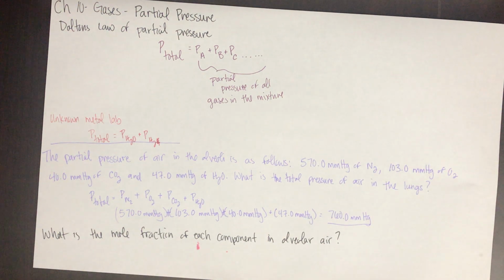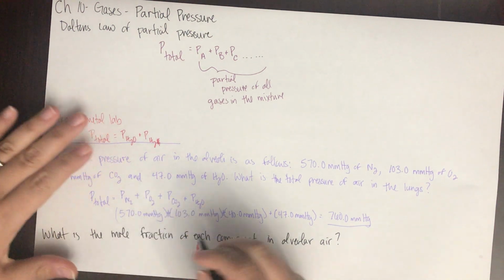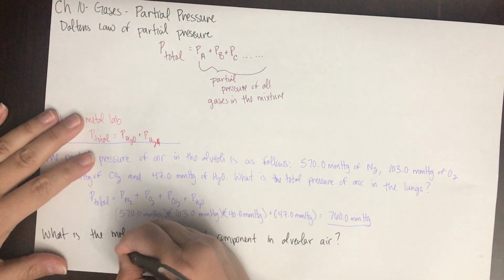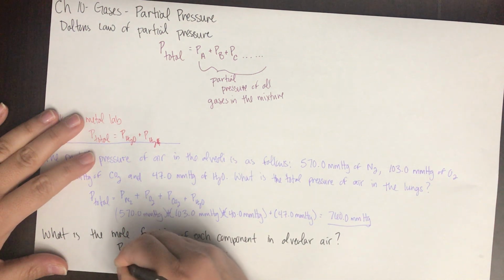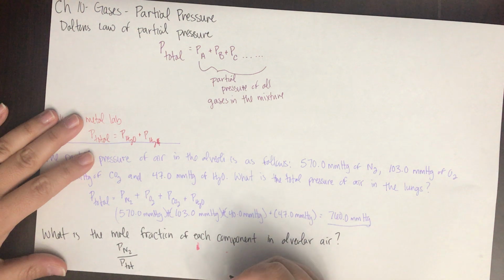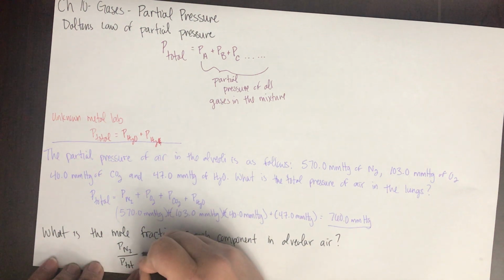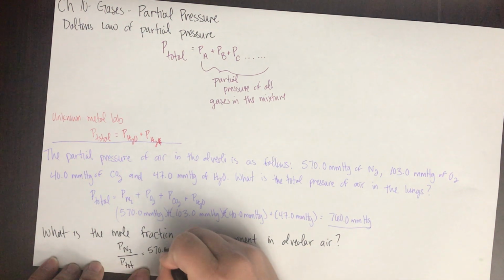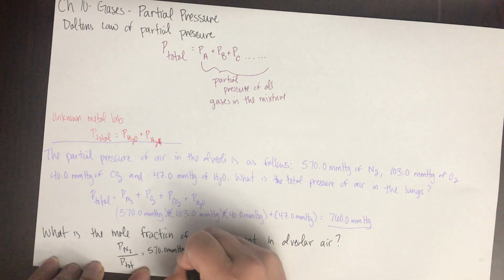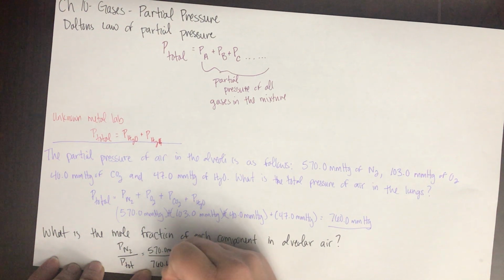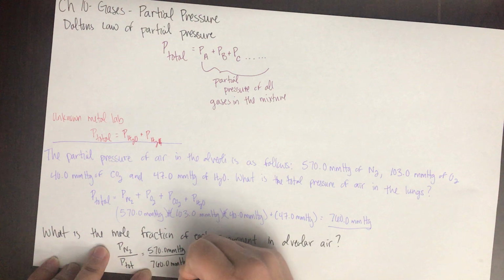So what that means is you're just going to take the partial pressure of that gas divided by the total partial pressure. So for nitrogen, it's going to be the partial pressure of nitrogen over the total partial pressure. So for nitrogen, it would be 570 millimeters of mercury divided by 760 millimeters of mercury.